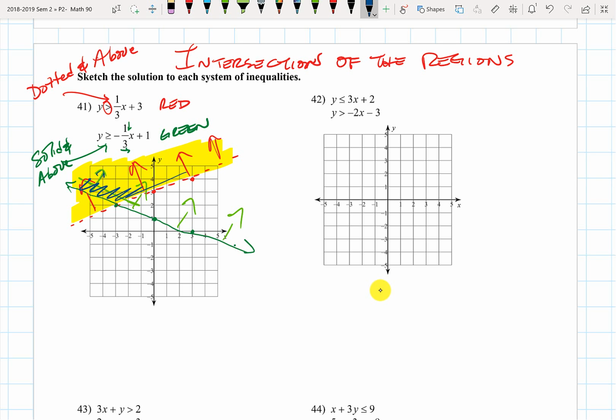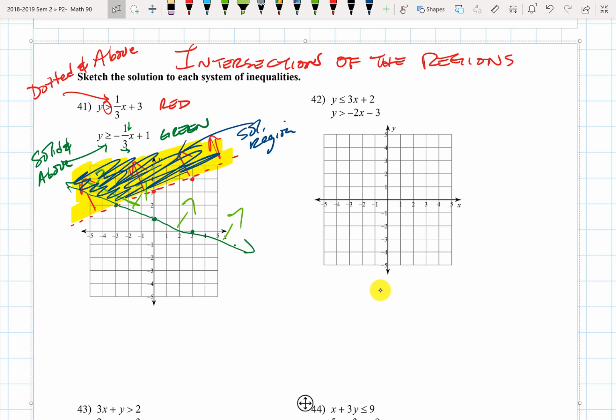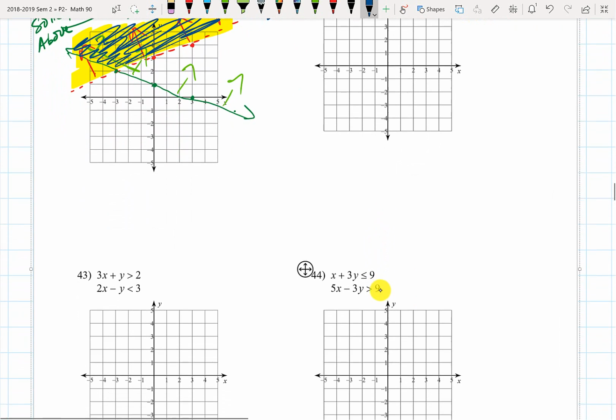So my solution region is all through here, in the blue. Okay, there's my solution region. It's where they intersect. So where the arrows overlap, where they intersect. Not here, not down here, not over here, just above both lines. All right, and then you try number 42 and check your solutions in the back.